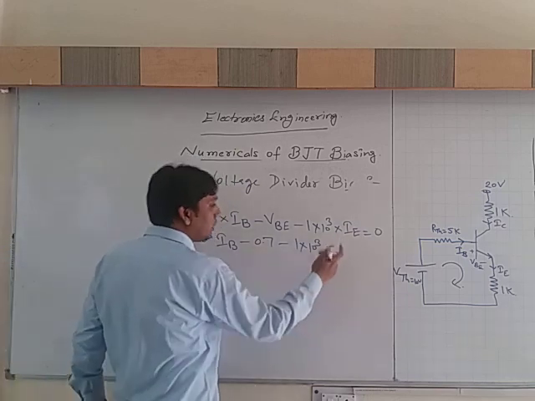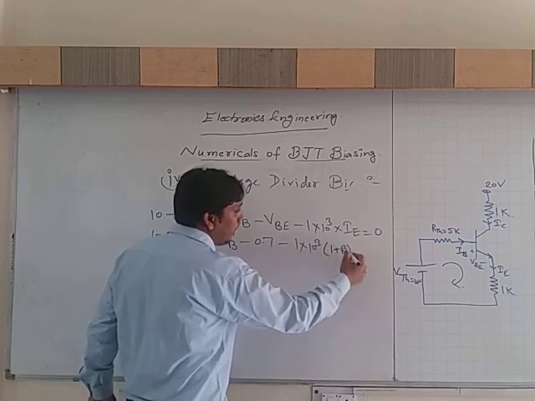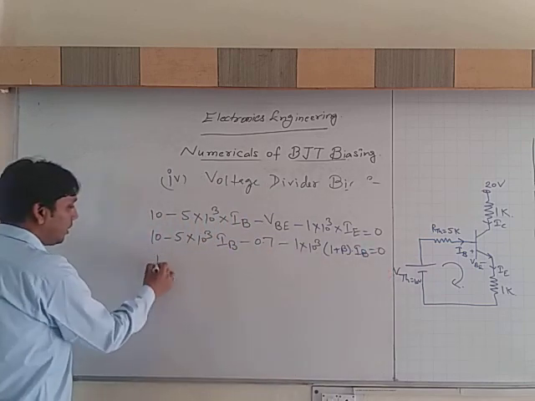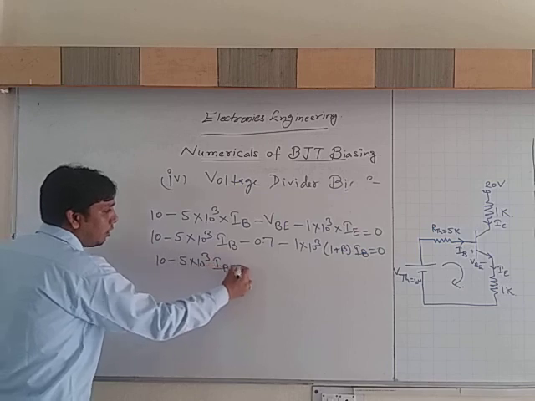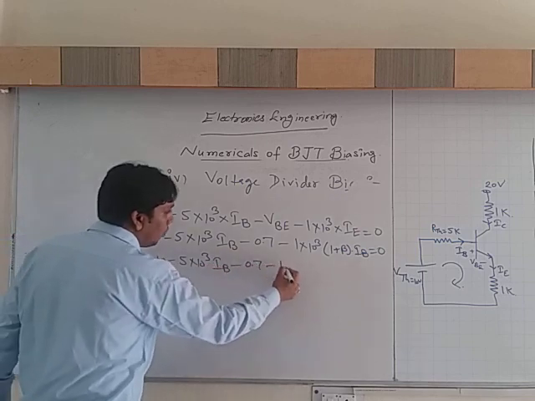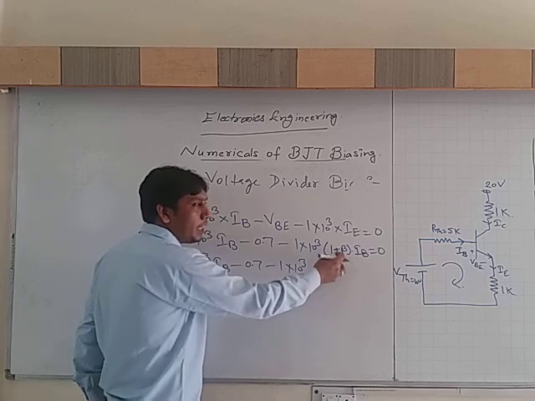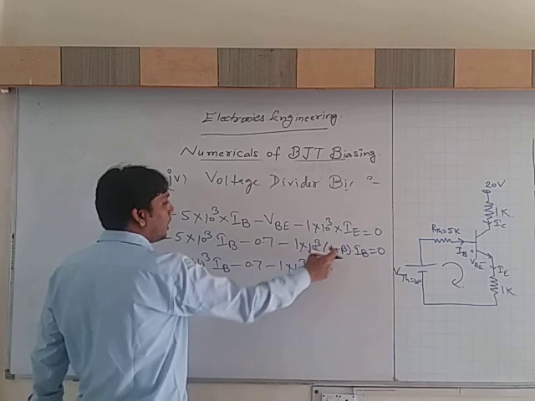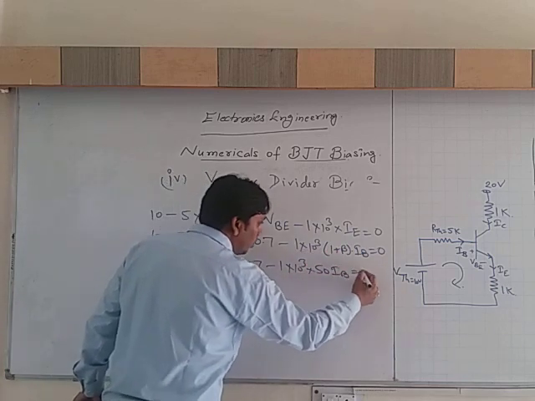So we substitute 1 plus beta into the equation: 10 minus 5 into 10 to the power 3 IB minus 0.7 minus 1 into 10 to the power 3 times 50 IB equals 0. This becomes 50 as beta is 49.